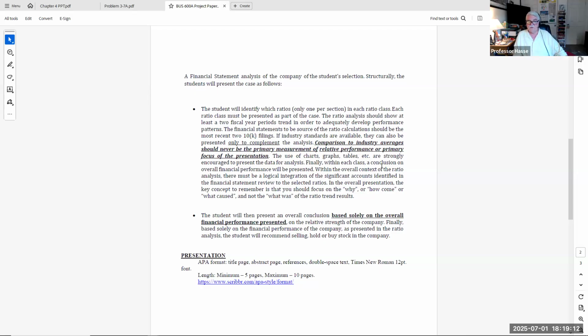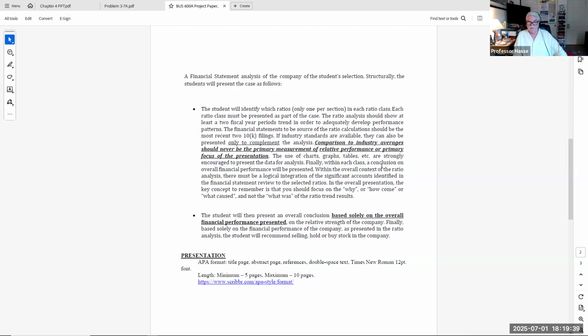The use of charts, graphs, tables are strongly encouraged to present the data for analysis. Finally, within each class, a conclusion on the overall financial performance will be presented within the overall context of the ratio analysis. There must be a logical integration of the significant amounts identified in the financial statement review to the selected ratios.